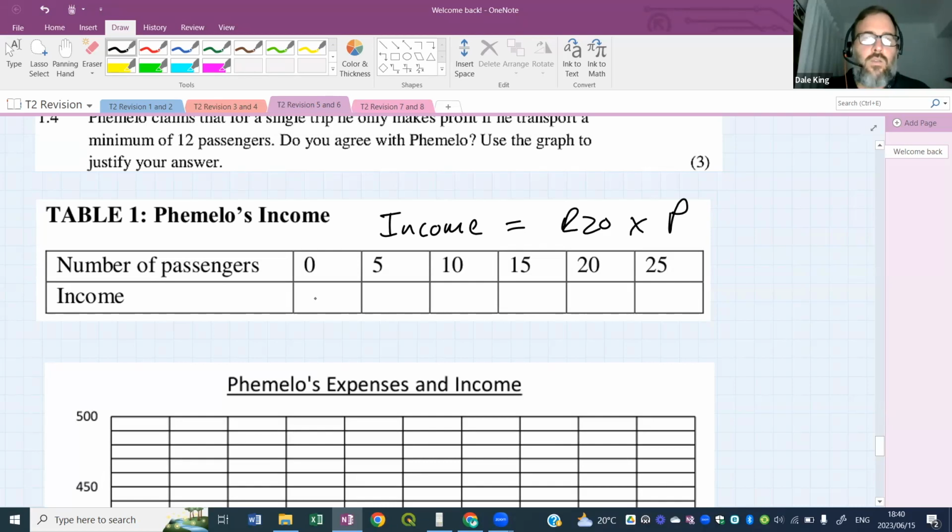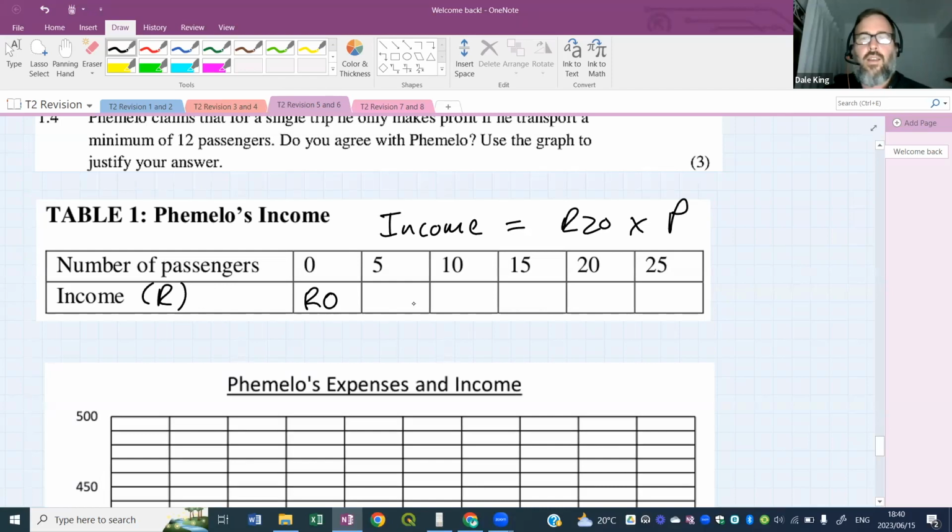All right, guys, get your fingers ready, your calculators ready, and your chat ready. All right. How much income does this guy get for 0 passengers? We shouldn't even need a calculator for that. How much does he get if he's got no passengers? 0. 0 rand. Okay.